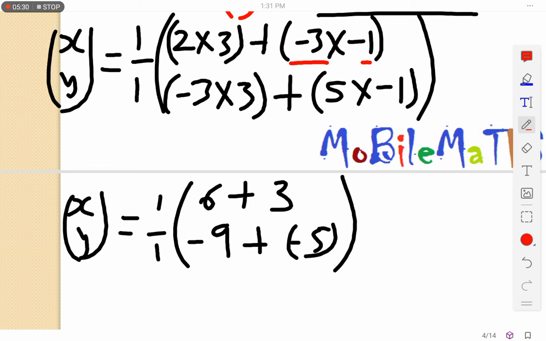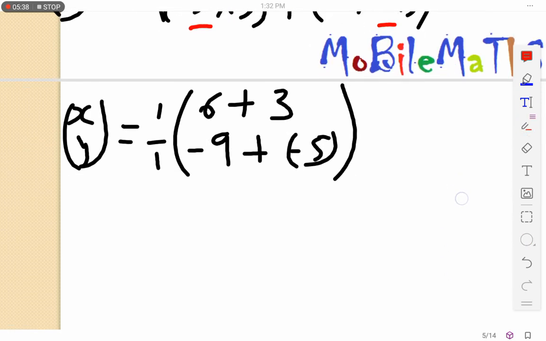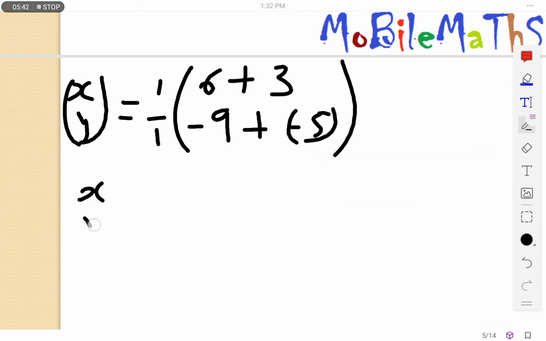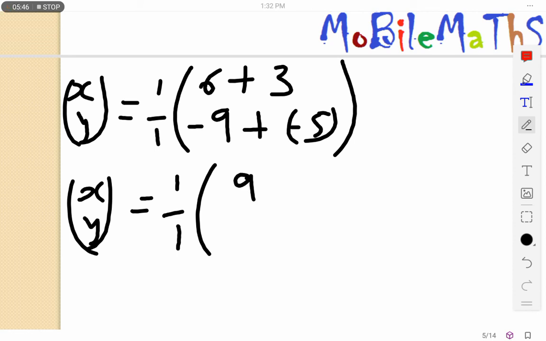The other negatives stay negative because it's just 1 there. So we solve it like that. Let's finish off. I'll have x, y is equal to 1 over 1, then 9 here and minus 14 there.